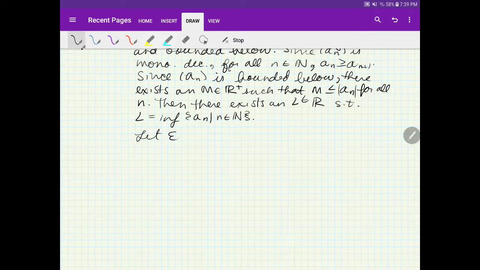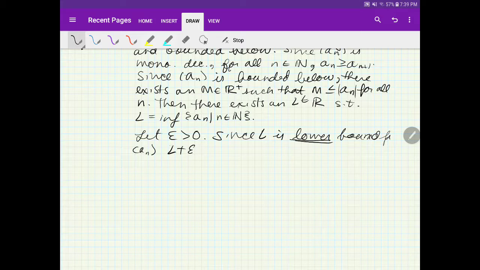Let's let epsilon be greater than 0. Since L is a lower bound for a sub n, L plus epsilon cannot be a lower bound.